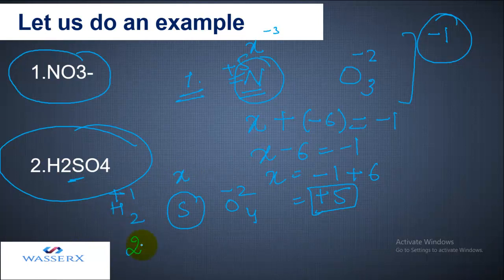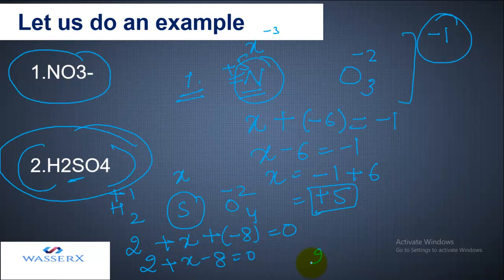This is +1 into 2, 2, plus X, plus, because sulfur and oxygen are different atoms, -2 into 4, -8, equated with 0 because there is no charge, unlike NO3 had. So let's solve. This is 2 plus X minus 8 equal to 0, or X minus 6 equal to 0, or X is calculated to be +6. So the oxidation state for sulfur in H2SO4, that is sulfuric acid, is +6.